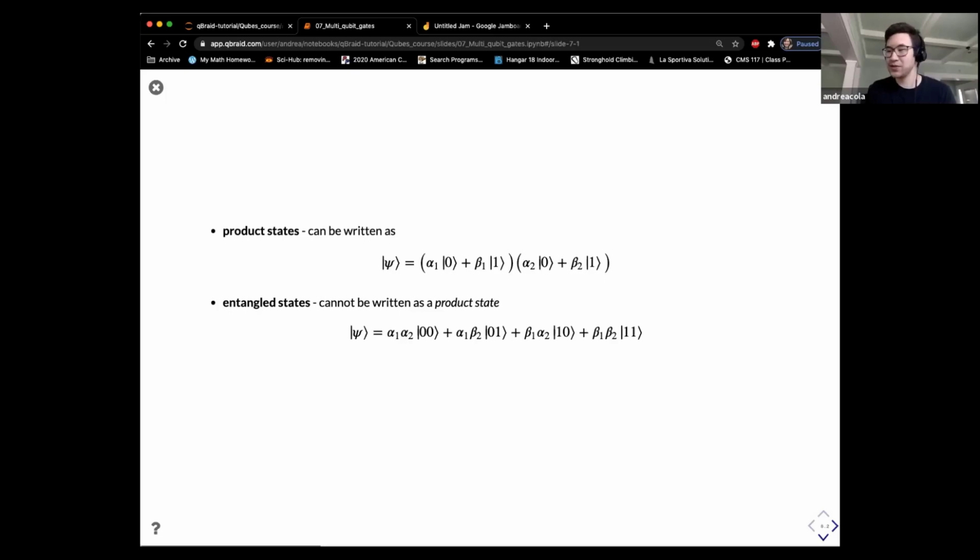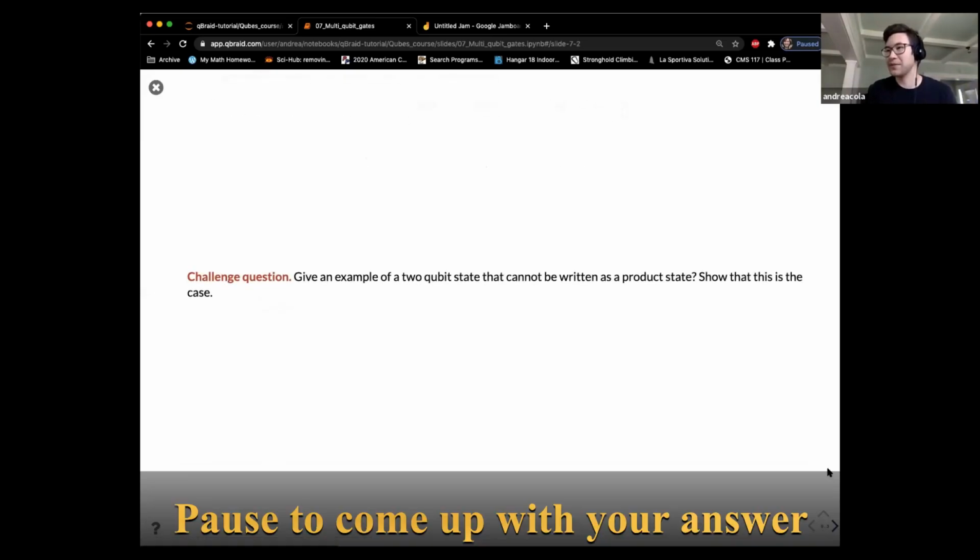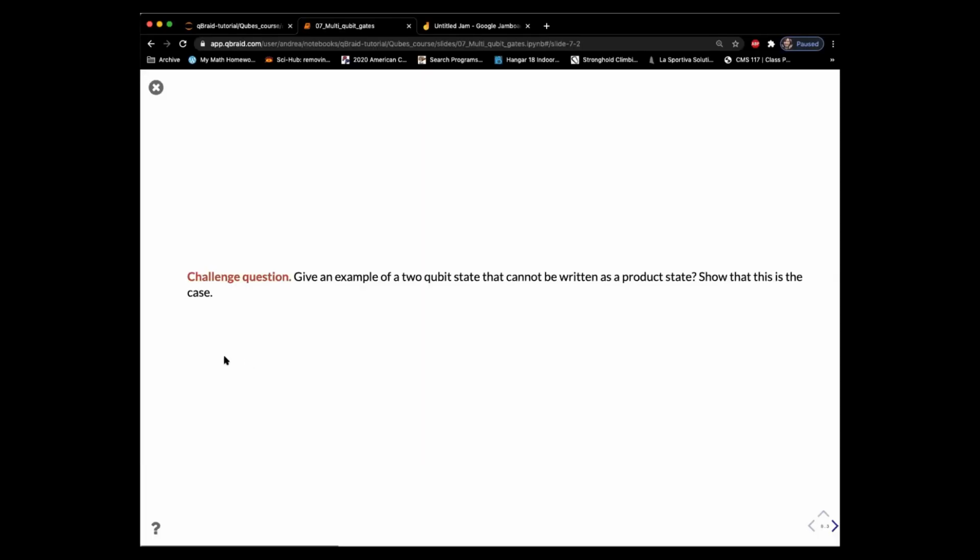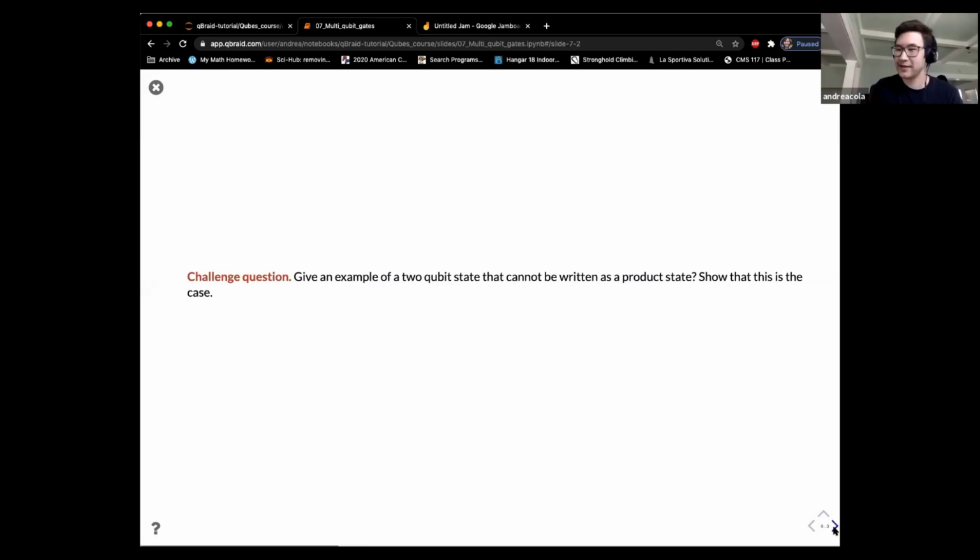So what I ask you to tell me now is, can you give me an example of an entangled state? So a state that cannot be written as a product state. Any thoughts?